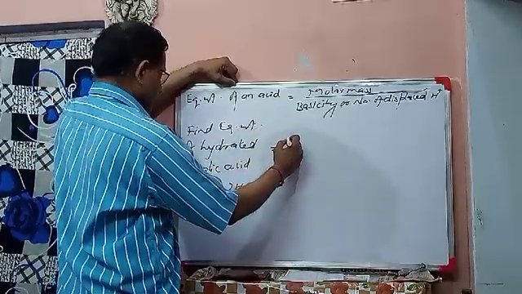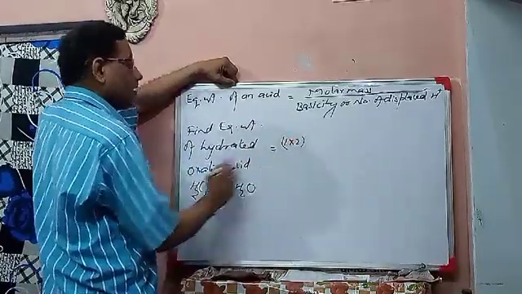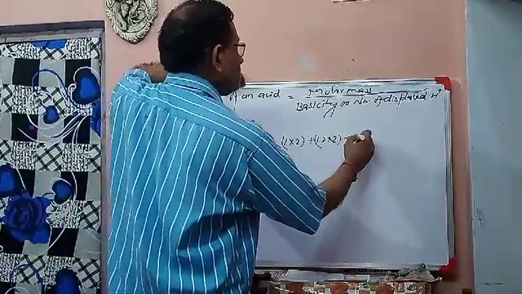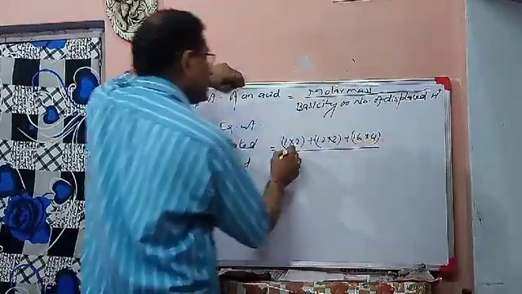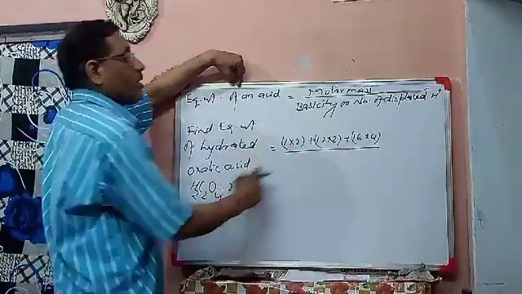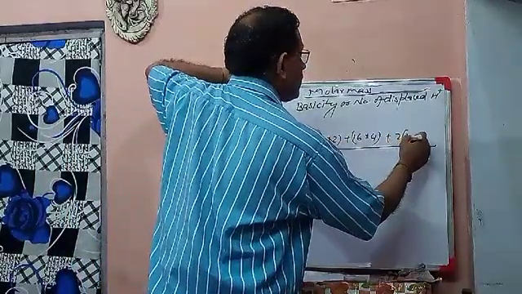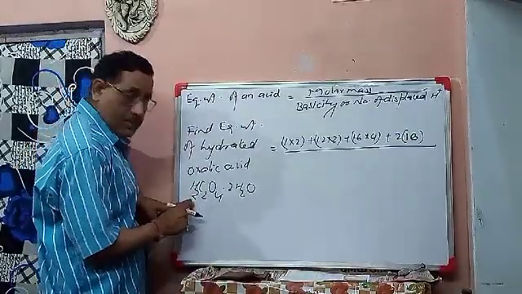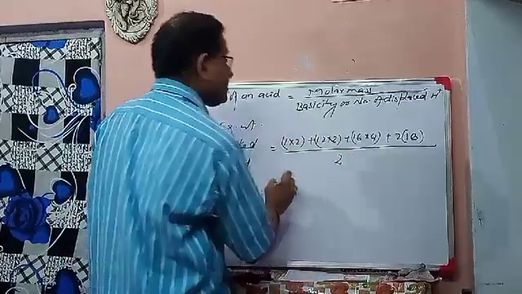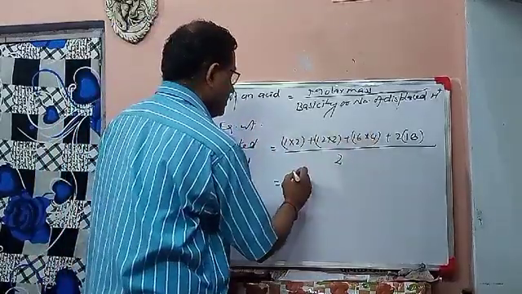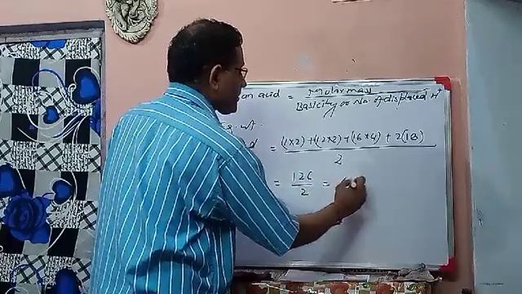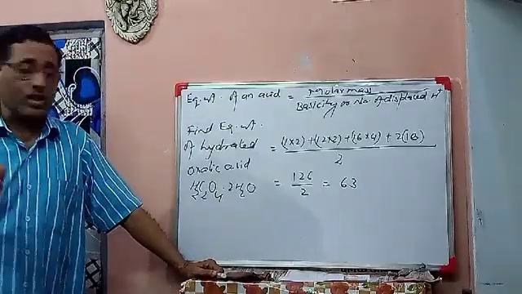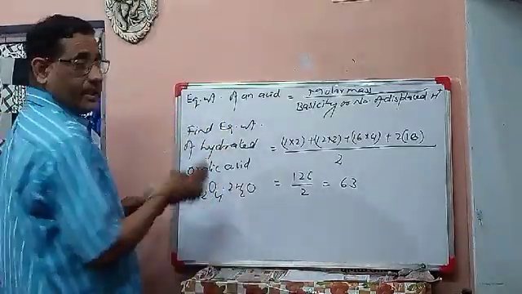For this, you know 1 into 2, for carbon 12, for oxygen 16, in this one. And for 2H2O, plus 2 into 18 for water. And it has only 2 displaceable hydrogen ions. So you divide by 2. You add these values, it comes 126 upon 2, that is 63. This is the equivalent weight of hydrated oxalic acid. Clear?